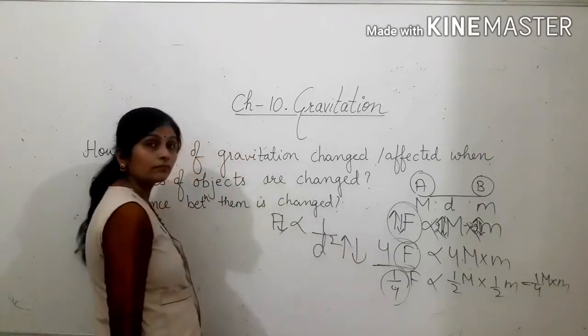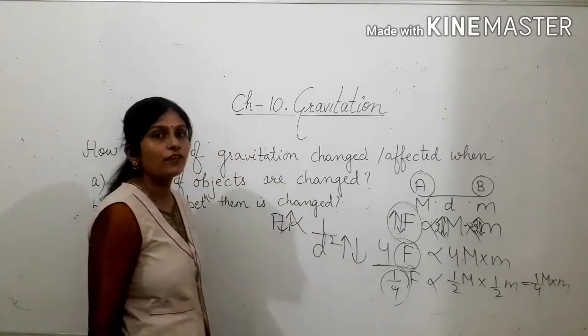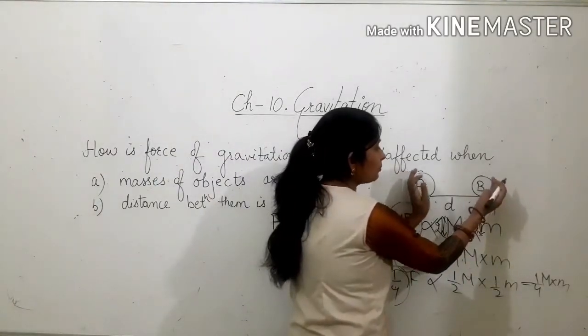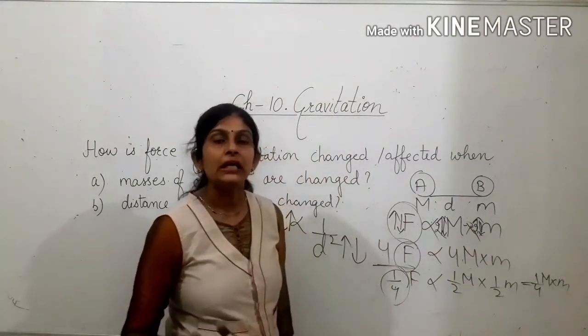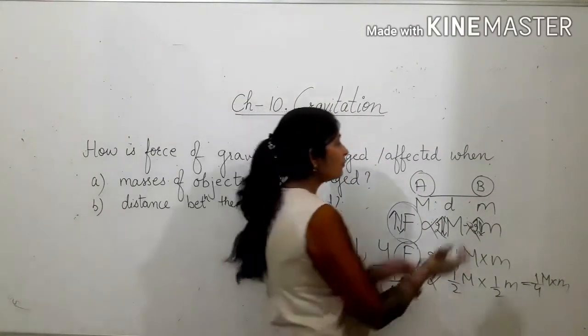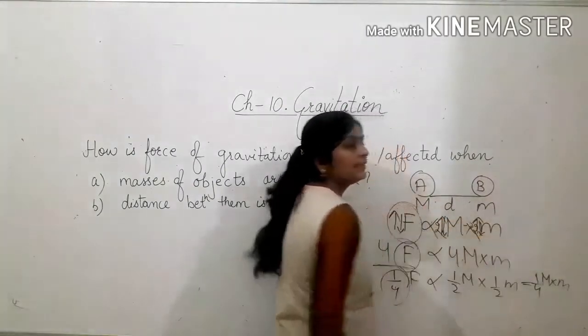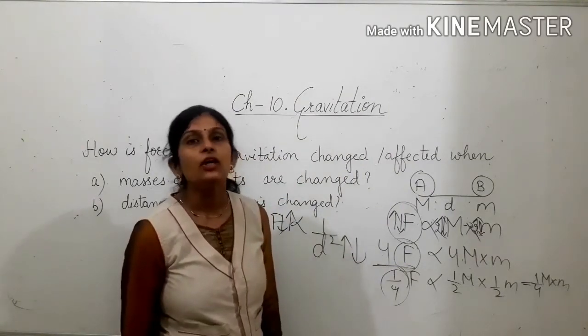If distance decreases, force increases. It is obvious that if you make both the objects come closer, their gravitational force will be increased. And if you make both objects go farther, then the gravitational force between them is reduced.